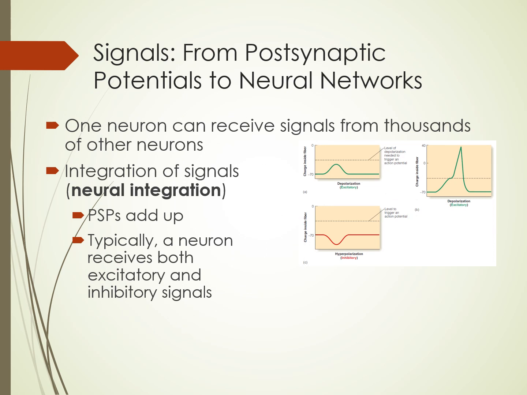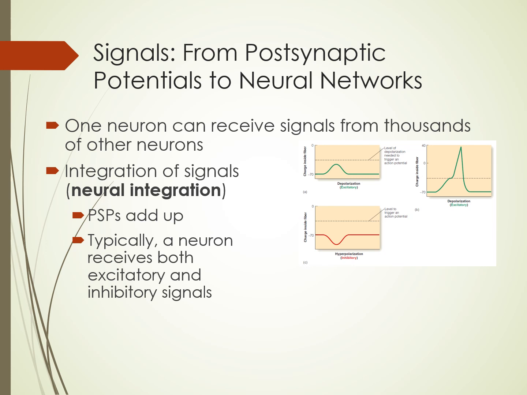And then these postsynaptic potentials, these PSPs, they add up. And so we're adding up positive ones and negative ones, basically, to see, do I reach my threshold of excitation? This is done in a process called neural integration, where we're integrating those potentially thousands of signals, right, that are excitatory and inhibitory, and seeing, do I reach this threshold of excitation?